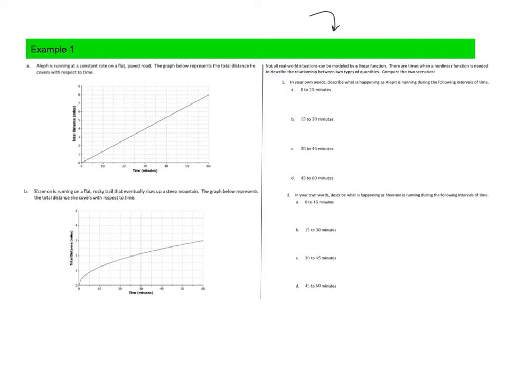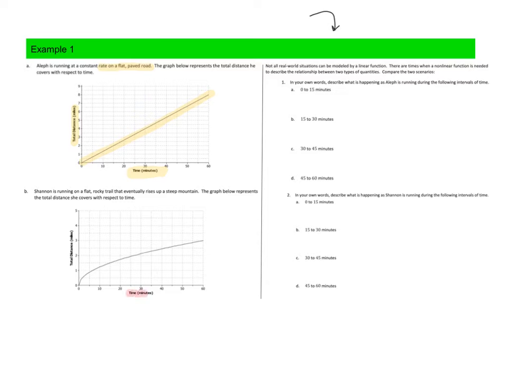You can see that as time goes on, he covers more distance, right? It's increasing at a constant rate. It means he's pretty much running at the same speed, and the reason being, well, he's on a flat road, right? Now, if we look down below, it says Shannon is running on a flat, rocky trail that eventually rises up a steep mountain. And the graph shows her distance over time.